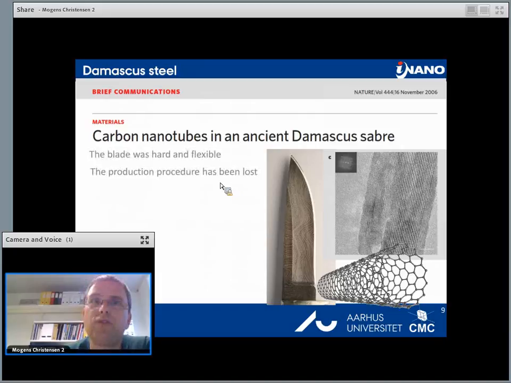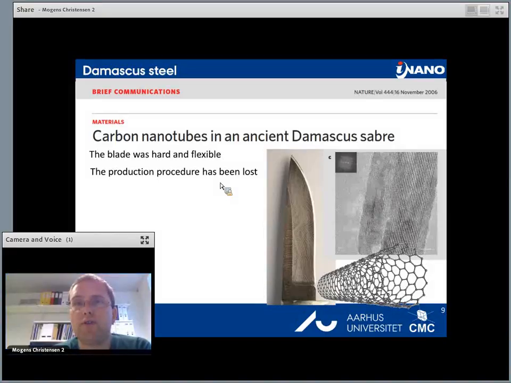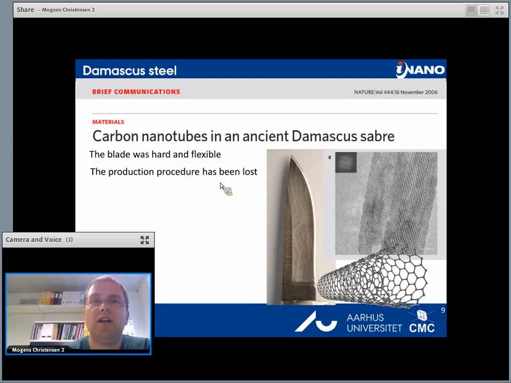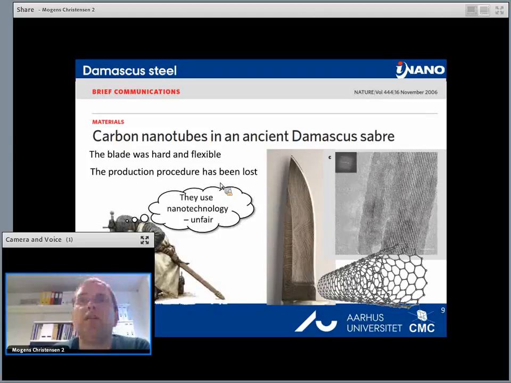So already at that time they were capable of using nanostructured materials to make blades that were harder and more flexible. Unfortunately, the way of producing these blades has over time been lost, but it definitely gave the Crusaders a headache when they tried to conquer the Holy Land.